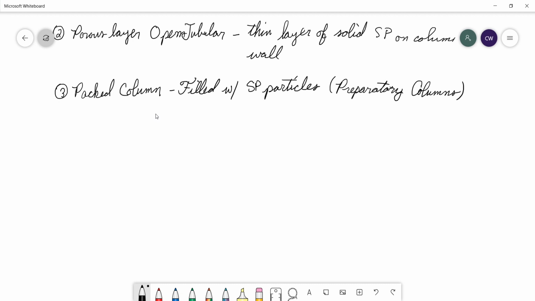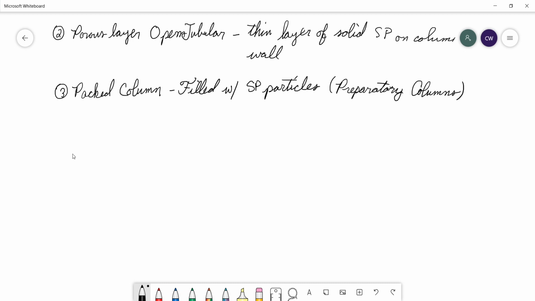Packed column stationary phases can be things like carbowax on firebrick, okay, which is essentially crushed brick material that is thermally stable. It's not going to melt or catch fire, coated in a very heavy long chain alkane wax. Okay. That kind of packing material is not acceptable for porous layer open tubular columns or the open tubular wall coated columns.